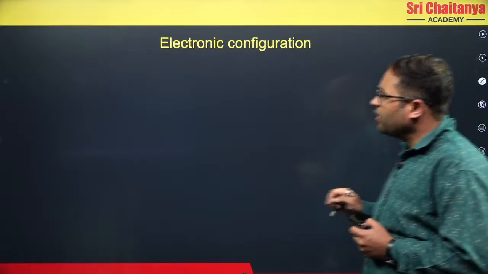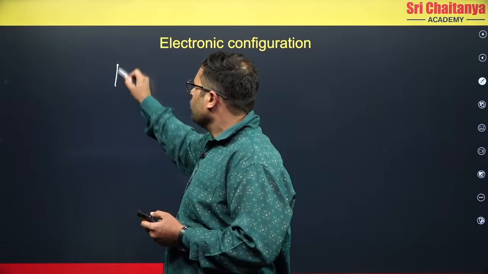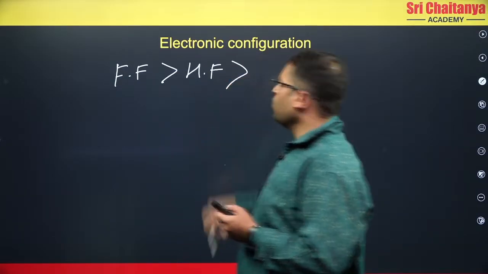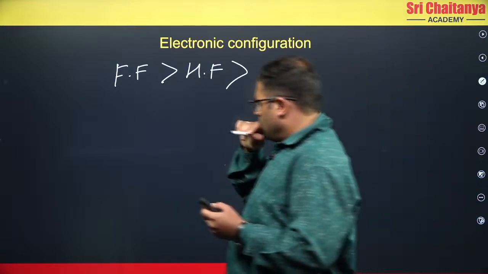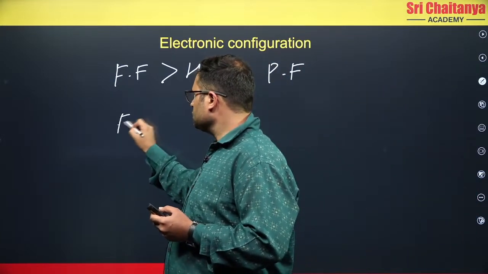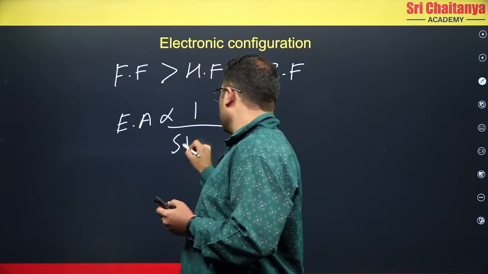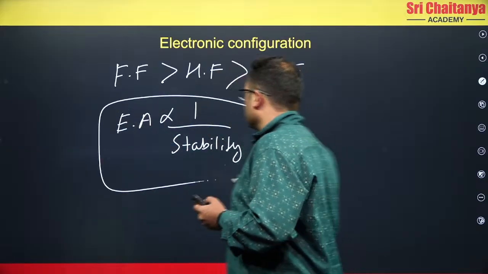Now, electronic configuration, again the same funda: fully filled configuration is more stable than half filled. Then you have partially filled. Electron affinity is inversely proportional to the stability of the configuration.